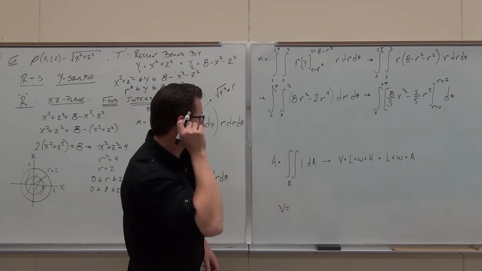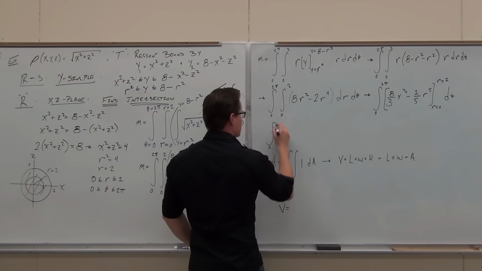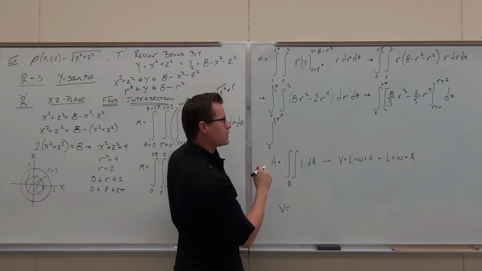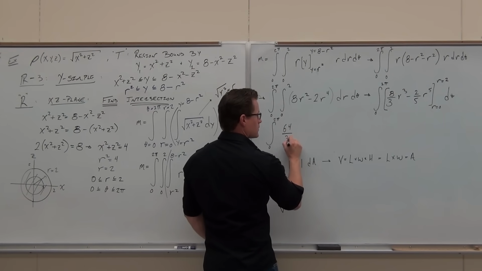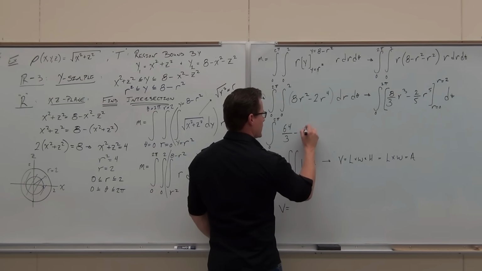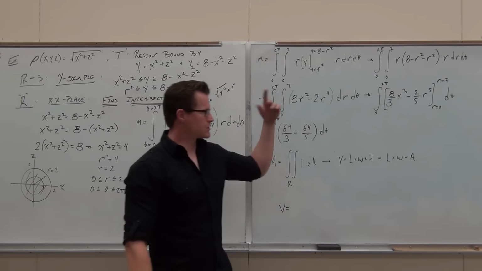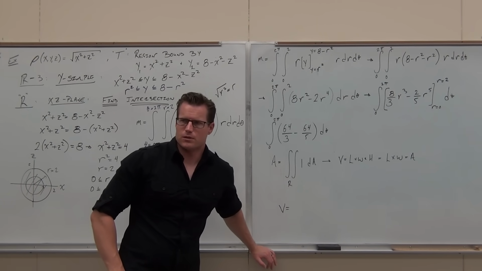Let's see, plug in 2. Looks like 64 thirds minus 64 fifths d theta. Listen, you're always welcome to combine like terms before you integrate.